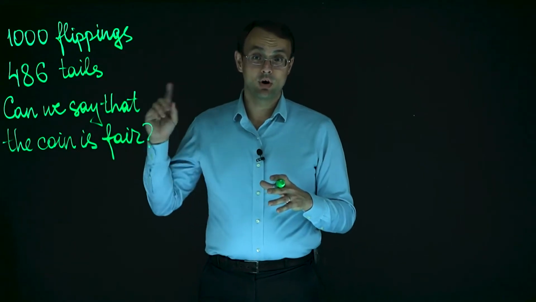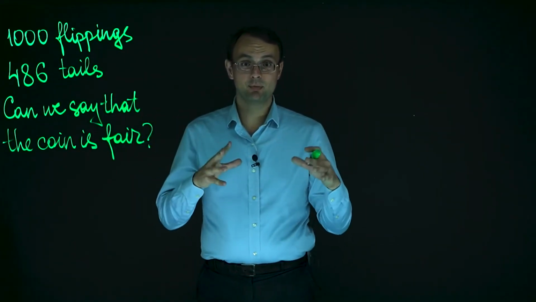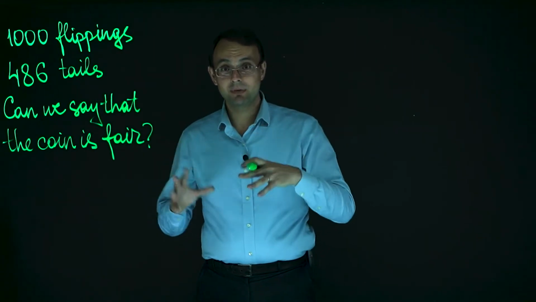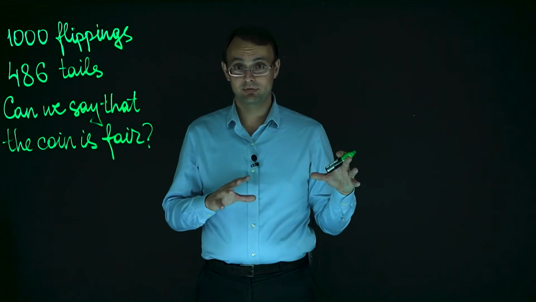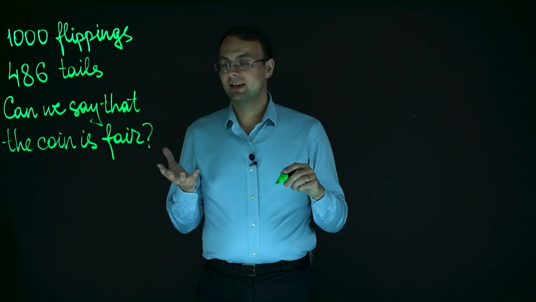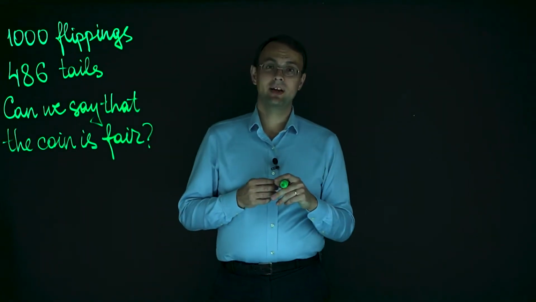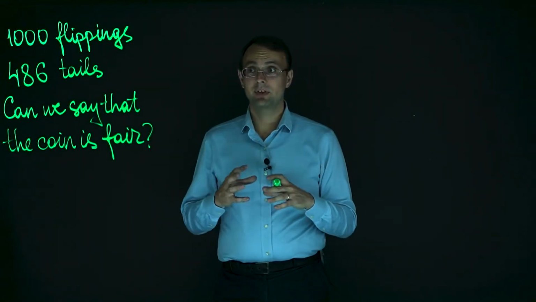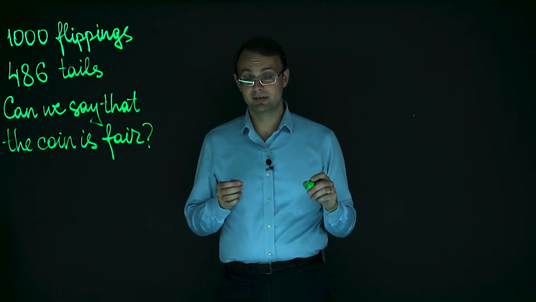I have not mentioned before is to translate the hypothesis we have from the human language to the mathematical language, to the language of probability theory. So what can I say here? I can say that when I have a number of flippings of a coin, this is a series of Bernoulli trials.